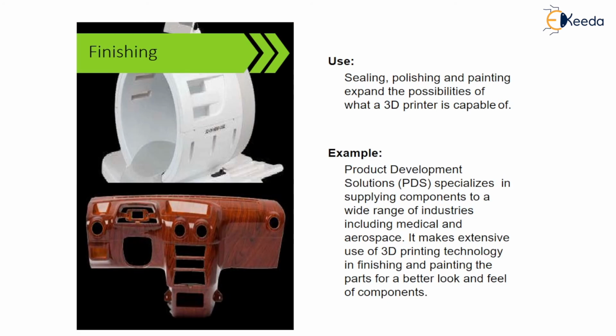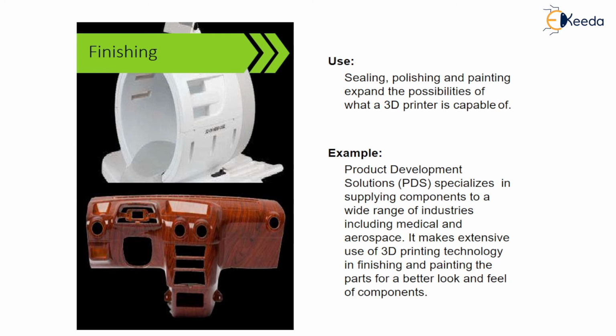Finishing is the most important use or application of our rapid prototyping process, where sealing, polishing and painting expand the possibilities of what a 3D printer is capable of. Product Development Solutions specializes in supplying components to a wide range of industries, including medical and aerospace, and it makes extensive use of 3D printing technology in finishing and painting the parts for a better look and feel of a component.